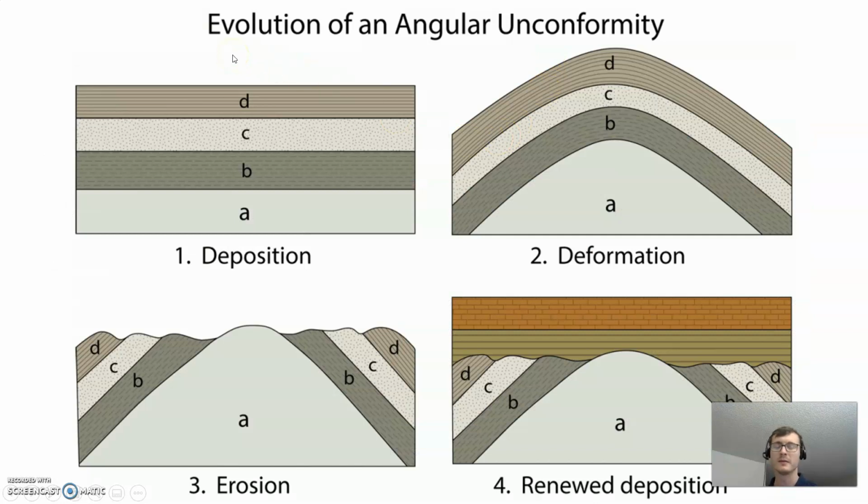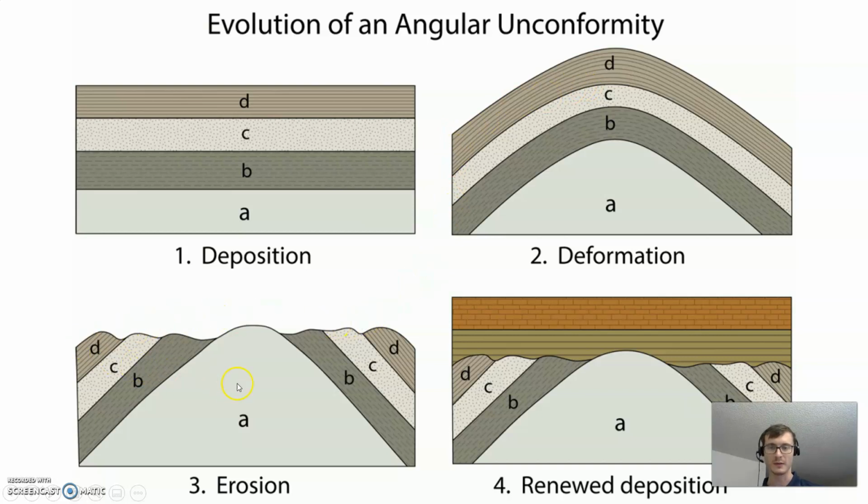And it might be helpful to break this down into steps. So we have the evolution of an angular unconformity, first with these four layers, A, B, C, and D, working our way up. These are deformed somehow. We don't have to worry exactly how this happens, but they get squished and folded up so that they're no longer horizontal or flat.